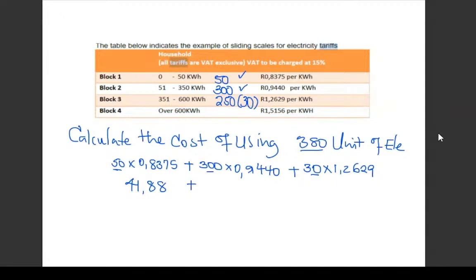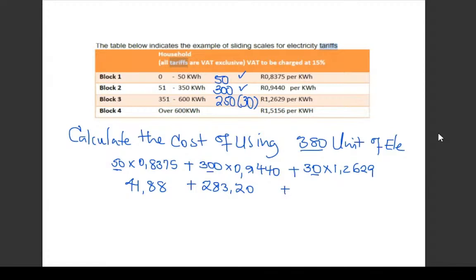What do you get? You have the answer 183 rand 20 cents, plus the 30 times 1,2629.